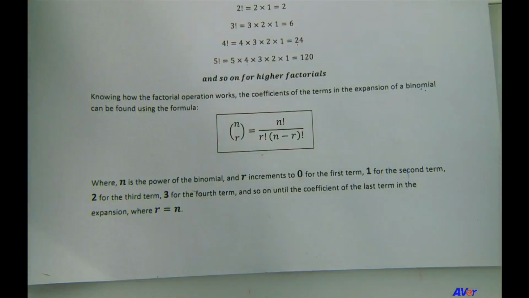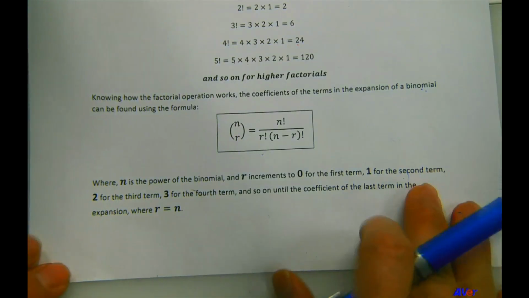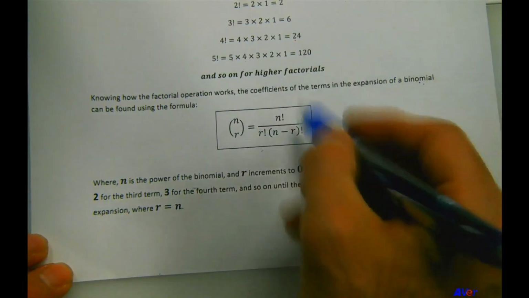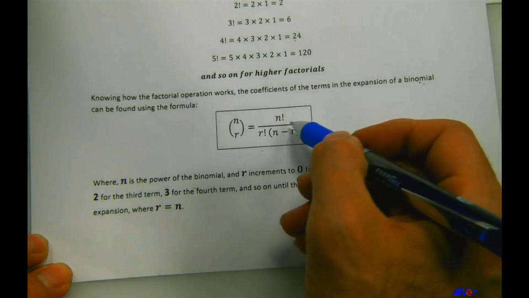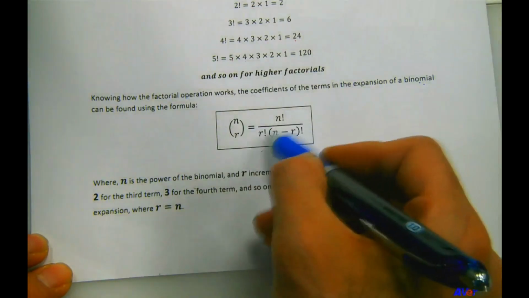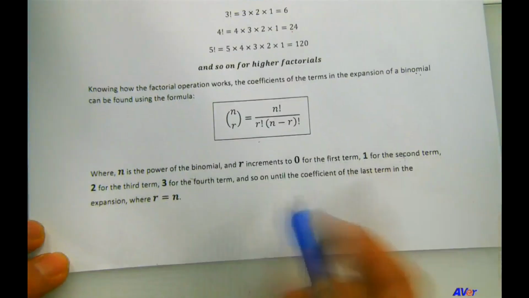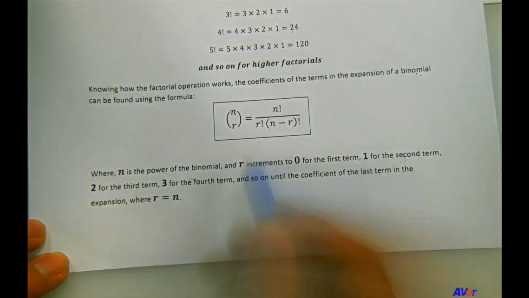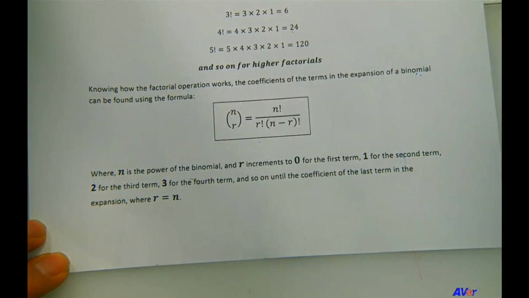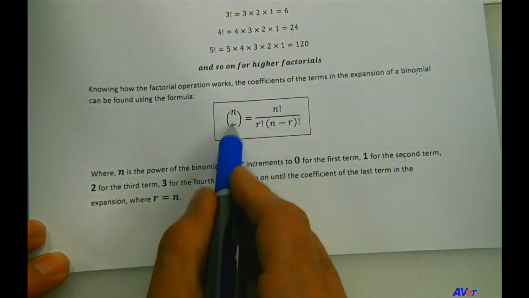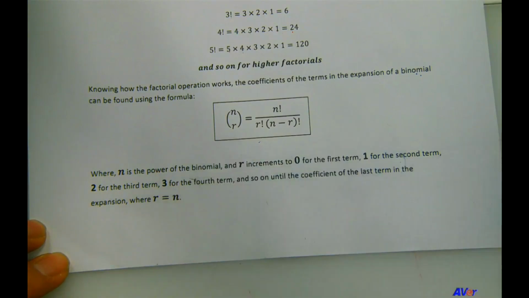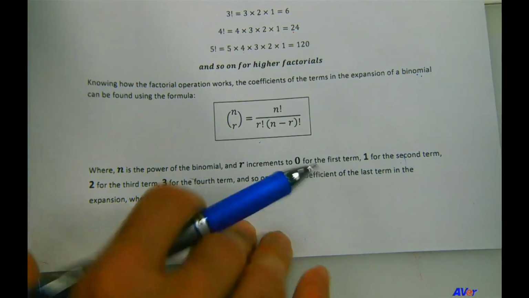So that's how this formula works. You can plug those numbers in here and you get the same thing that the calculator does. And what you see here is what I explained when we were talking about incrementing this r from 0 and then 1 and then 2 and 3 and so on.